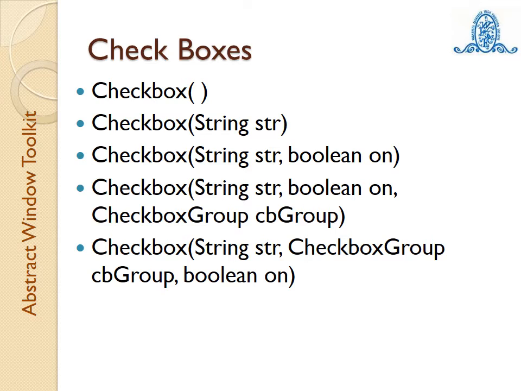But in case of the checkbox, the value of this checkbox group is null, because for checkboxes the multiple selection is possible. Whereas when the radio buttons are created, at that time we use this checkbox group value, that is CB group. If you see the last constructor form, the same parameters are defined, only the parameters are interchanged.